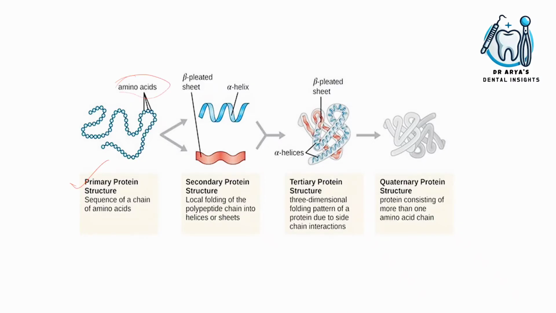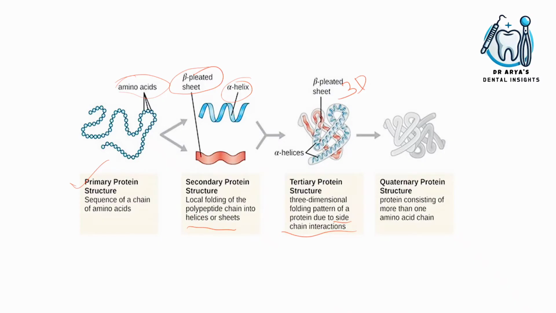Then secondary protein structure, there is the local folding of the polypeptide chain into helices or sheets, that is here beta pleated sheet and here alpha helix. In tertiary protein structure, this is a three-dimensional folding pattern of a protein due to side chain interactions. So there are various bonds.